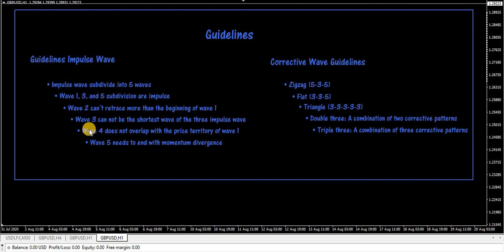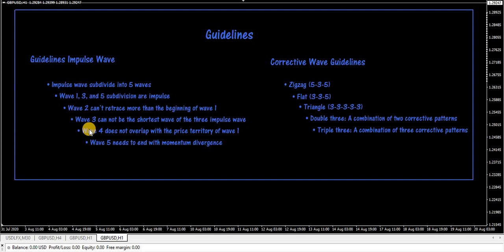And I actually caught one the other day on GBP USD at the bottom of wave 4. My next wave started to pull up, and it was a beautiful leading diagonal. It looks like a squashed wave, and then all of a sudden it starts to open. So, guys, that is an exception to that rule.